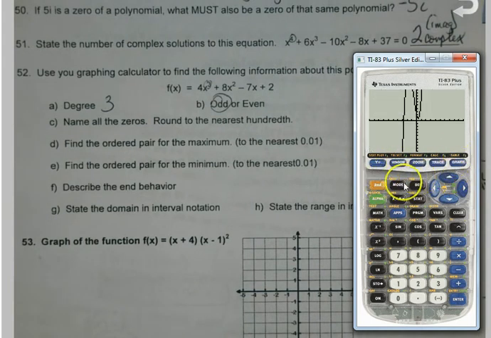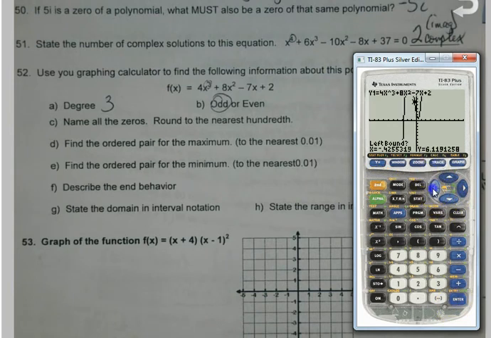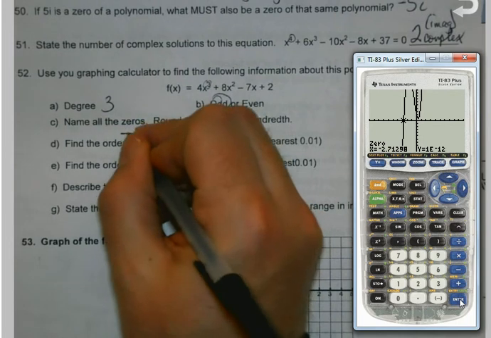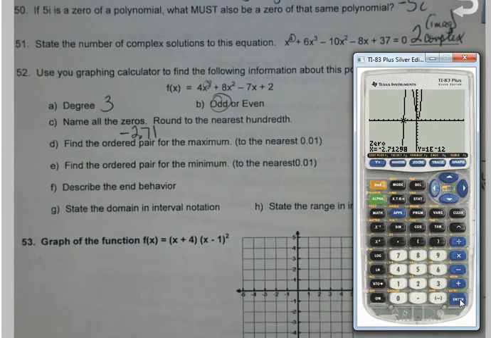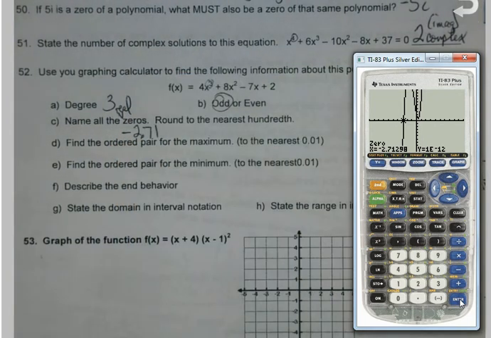No. So we got to trap it again. Second trace will get me to the calculate menu. I'm trying to find a 0. I'm going to trap it in. So below and above, because that's left and right. Again, remember, E is just a fancy way of saying 0. So negative 2.71. And again, this should say real zeros. I don't want you to have to sit and do synthetic division with goofy decimals and things. That's kind of silly.